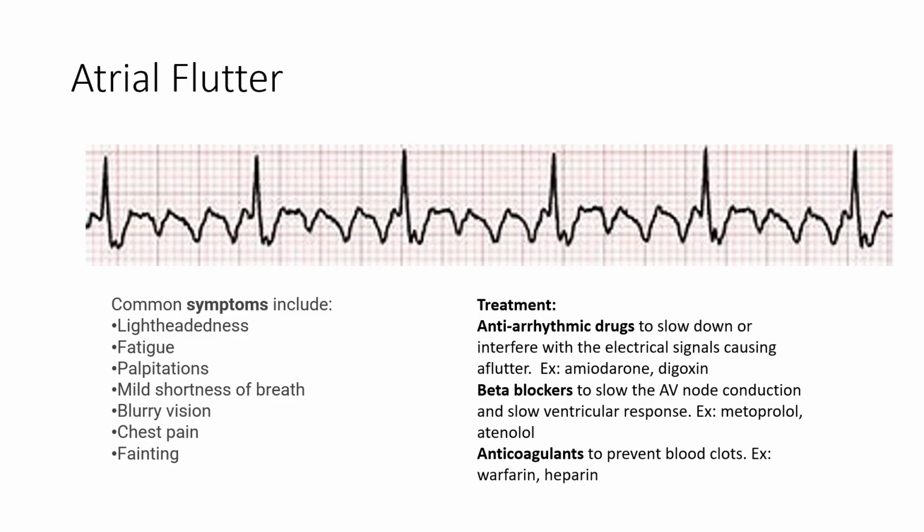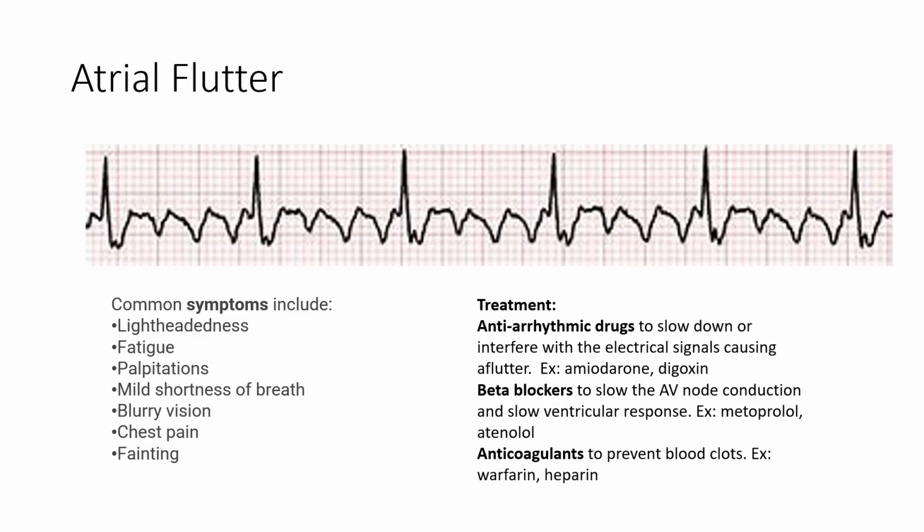Antidysrhythmic drugs are things like amiodarone and digoxin, making sure that we are measuring the heart rate before we give those medications. Beta blockers slow down that AV node conduction, so it may slow down some of that atrial contraction and then also slow that ventricular response to it. So again, helping with that antidysrhythmic drug to coordinate that beating of the atrium and ventricle.